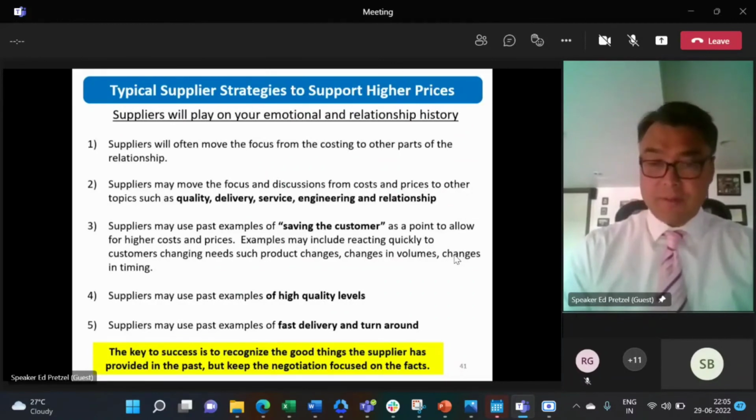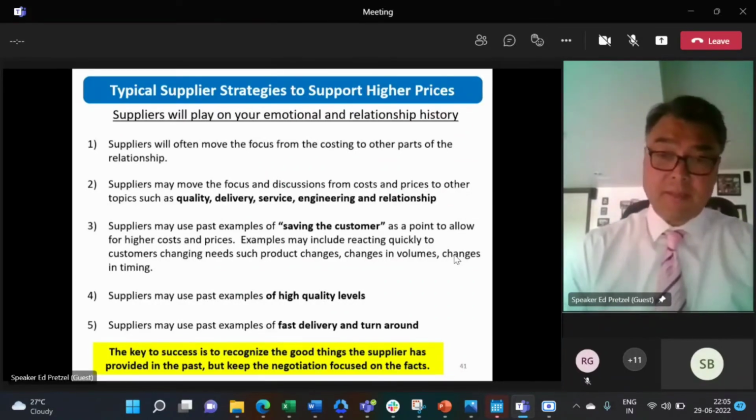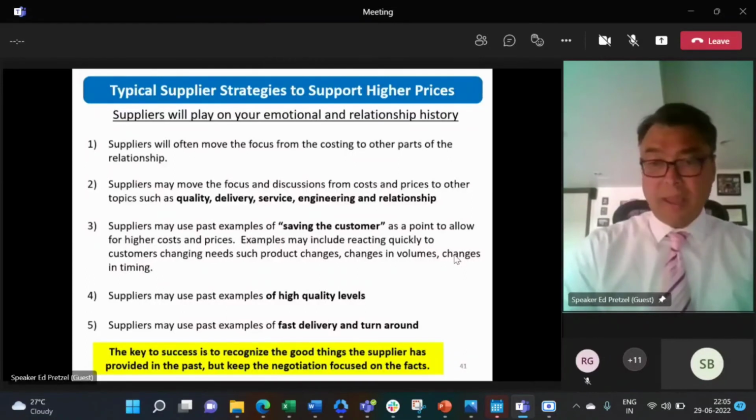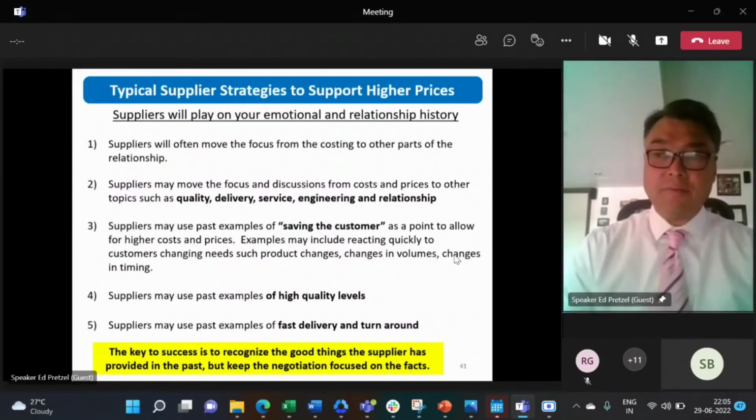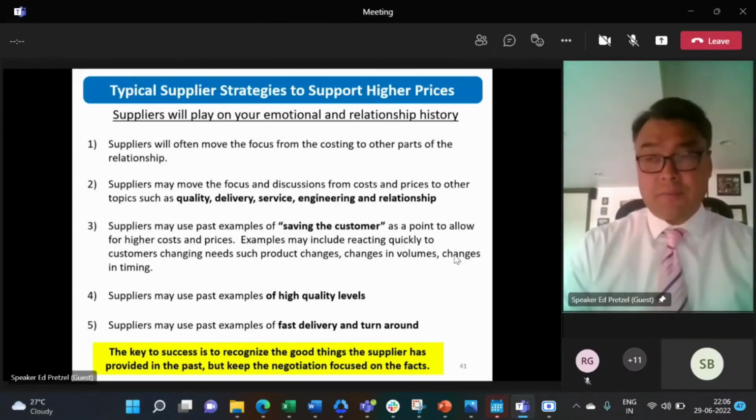The costing that we would do would be complete and would be factual. And so the key is to push the discussion and the negotiation back onto what the facts of what costs are, and the results of accurate costs is going to be a price.